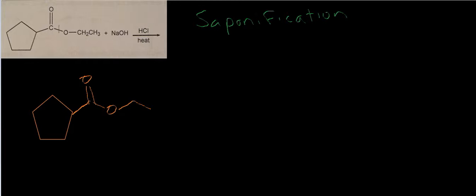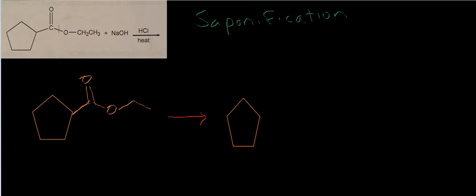But anyway, what you have is this ester here, and it reacts with sodium hydroxide. I'll give you what the intermediate product is. It reacts with sodium hydroxide to give you this intermediate structure, something that looks like this.